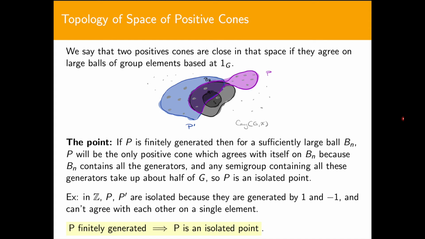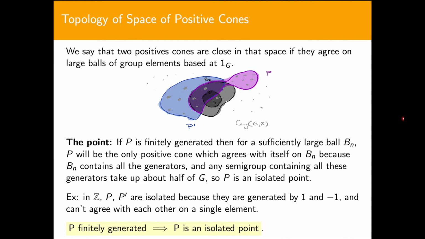Notice that this doesn't mean that they both contain B sub 2, because B sub 2 will have positive and negative elements that are predefined, and P and P prime just happen to contain all the elements which are preset to be positive in B sub 2.